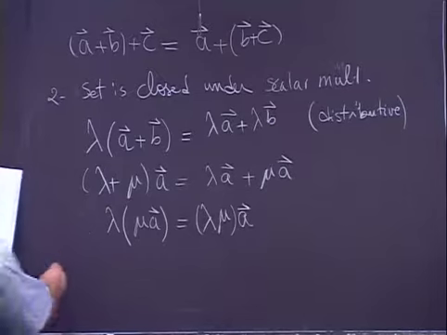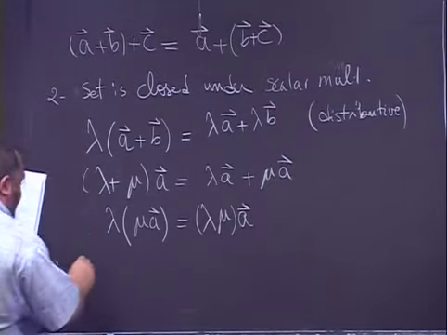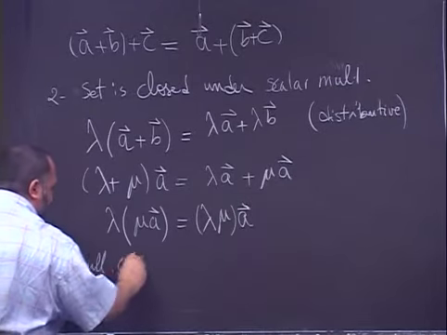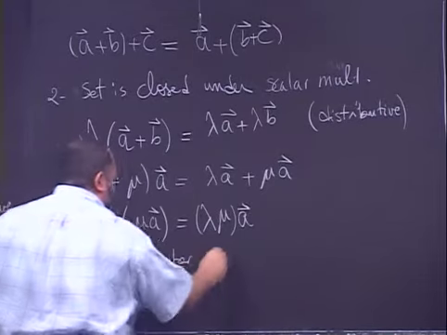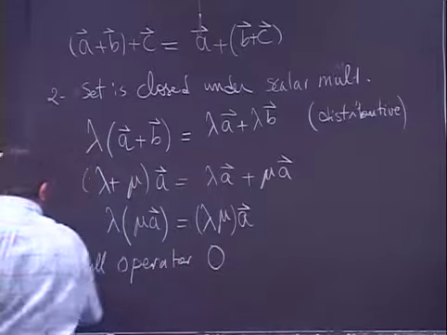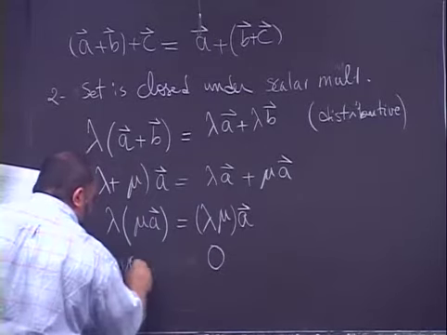And there is the third one, there exists a null operator. We will give it O, a null vector. Let's call it a null vector.